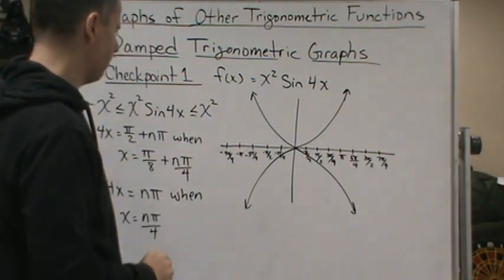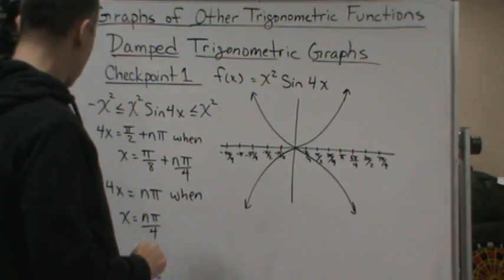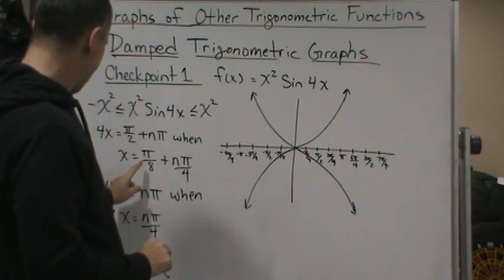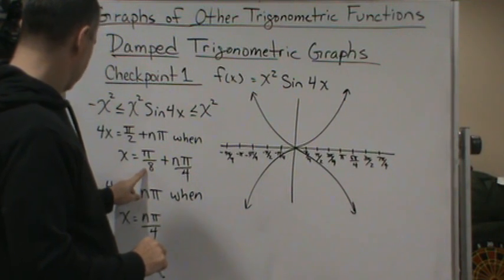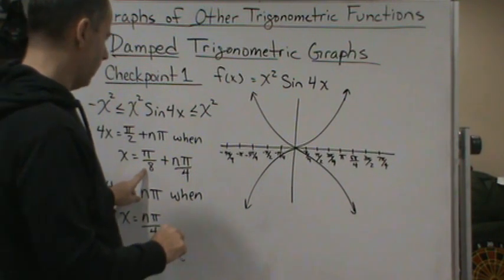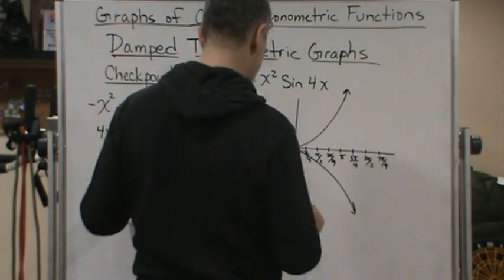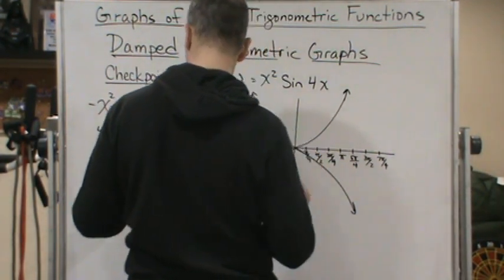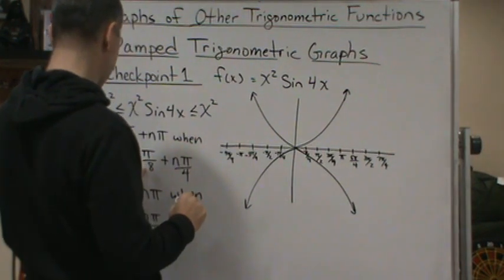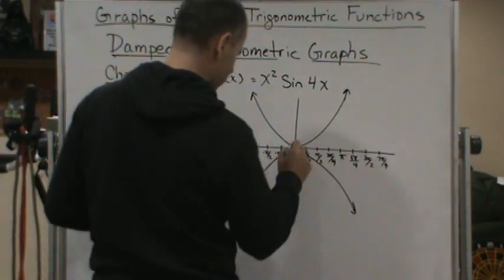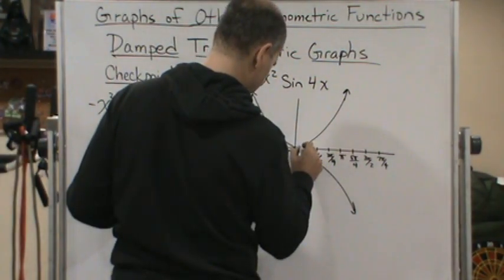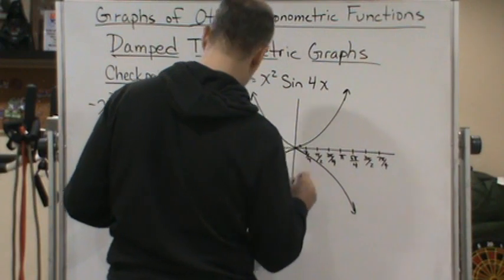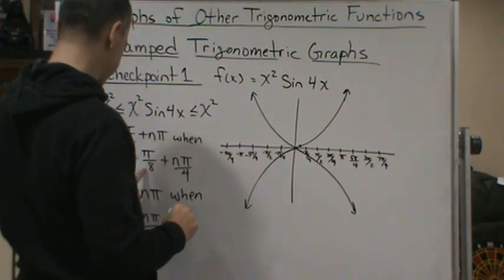Okay, so that's what we have. And so at pi over 8, it's going to touch. So pi over 8 is going to be up here, right?